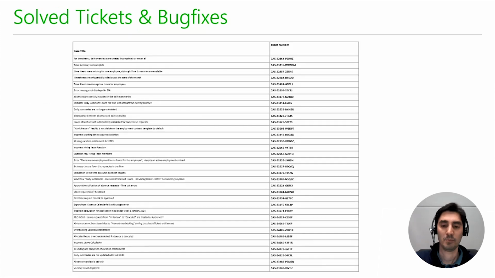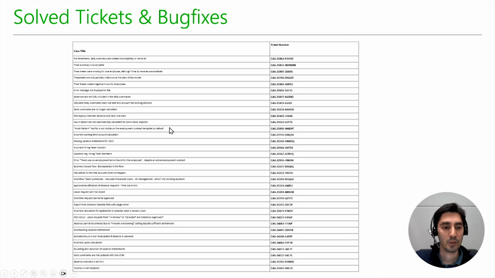Now, last but not least, we have solved tickets and bug fixes. Those are all the cases that were submitted by partners and customers, and we identified them as bugs, and then we solved them, and now they are being shipped in Rollup 42. You see that there's a lot about time summary, time sheets, time accounts, daily summaries.